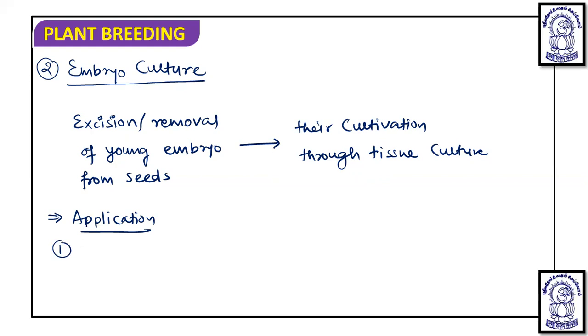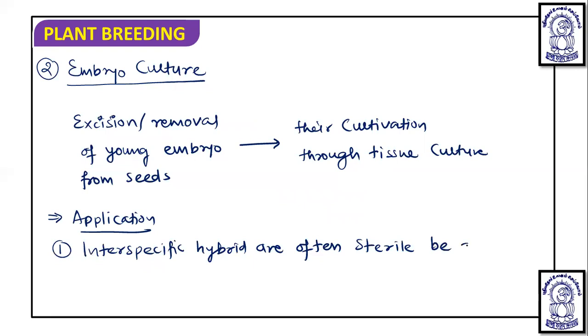that interspecific hybrids are often sterile, meaning they are not able to give progeny because of embryo mortality, meaning the death of the embryo.